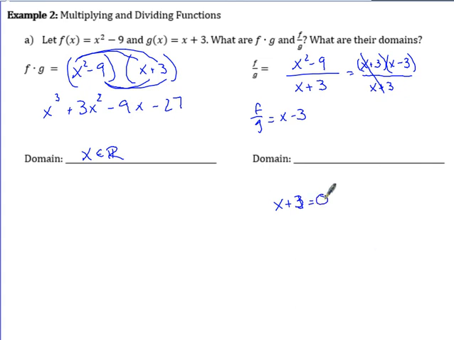All right, so x plus 3 equals 0. I would subtract 3 from both sides, and x would be equal to negative 3. Okay, that means that I cannot put negative 3 in for x in this equation because it would make the bottom 0, which is undefined. So my domain is all real numbers, except that x cannot equal negative 3. So it can be any number except for negative 3. That one doesn't work.